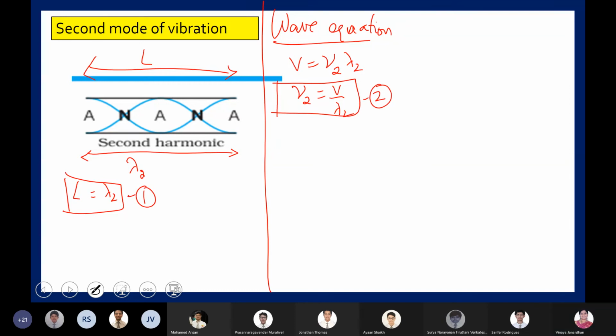Then your velocity V is equal to root of gamma P by rho. This will be equation 3.